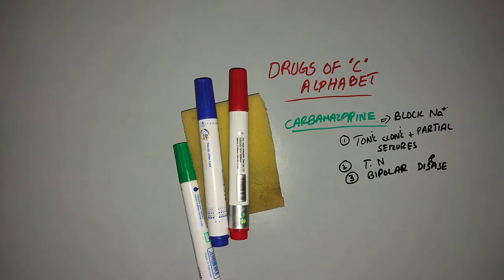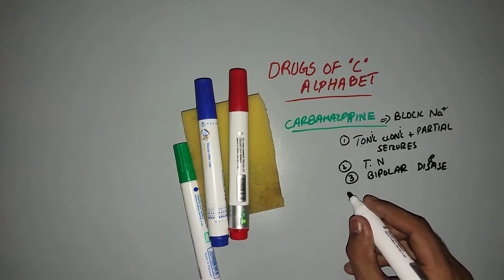Carbamazepine, what is its toxicity? The toxicity of carbamazepine includes CNS depression because it blocks sodium channels. It also causes myelotoxicity, damage to the bone marrow, and also induces liver metabolizing enzymes. So what are the important toxicities?